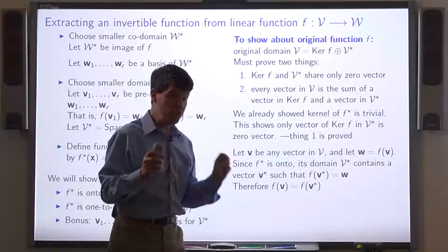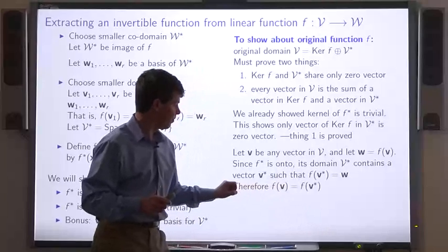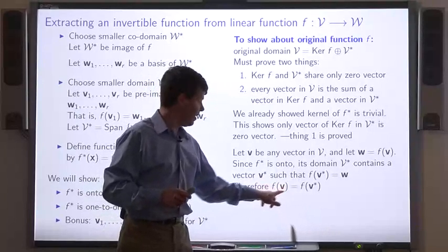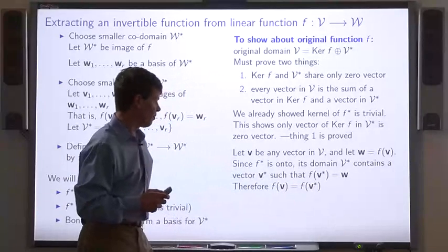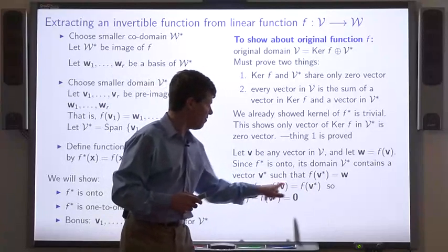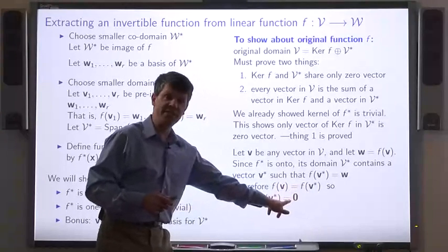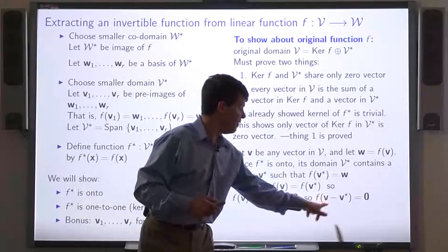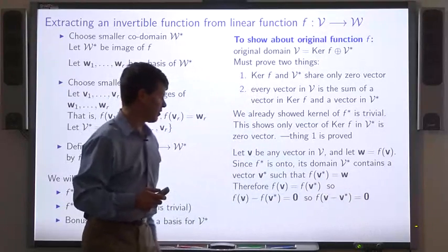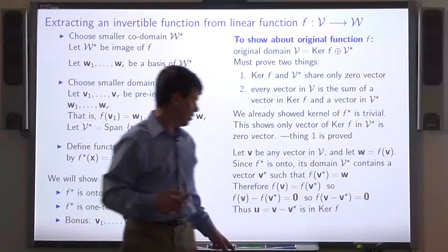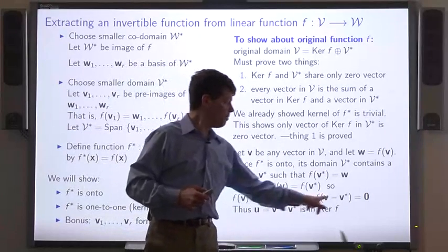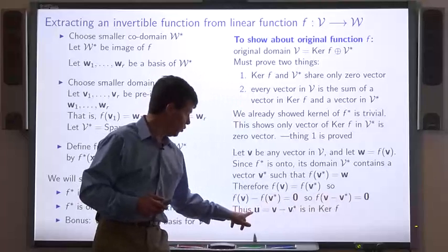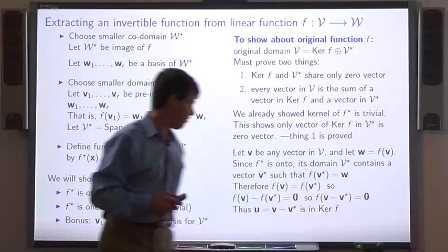So we have two vectors, v and v star. f of v equals f of v star. So f of v minus f of v star is the 0 vector. And then, using linearity, f of v minus v star is the 0 vector. So that shows that v minus v star, which we'll name u, is in the kernel of f.